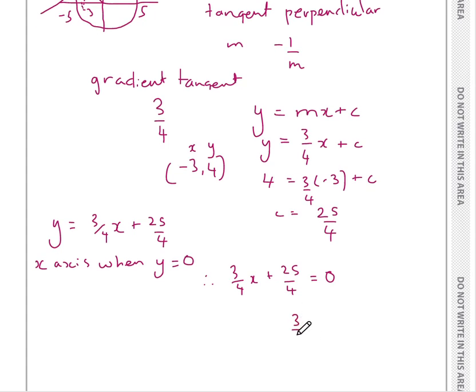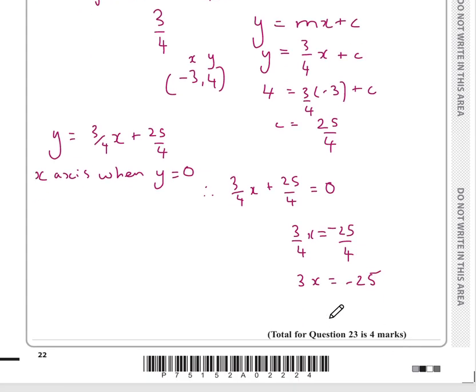So we're going to have 3/4 x is going to be equal to -25/4, and multiply by 4. 3x is -25. And x is going to be equal to -25/3. Okay. The question asks us, does it cross at (-8, 0)? So the answer is going to be no.